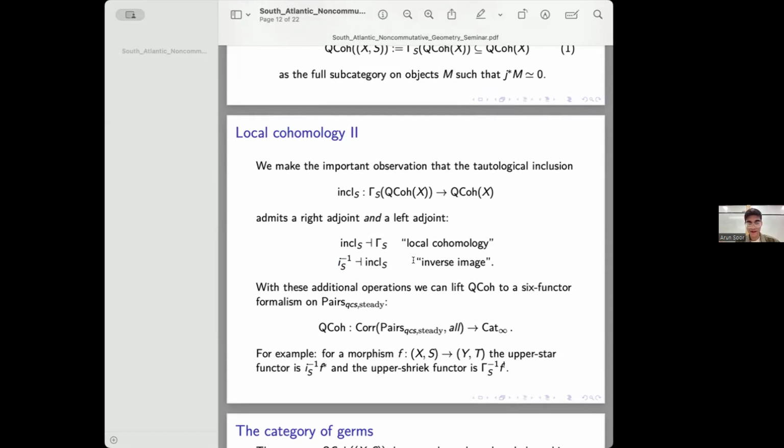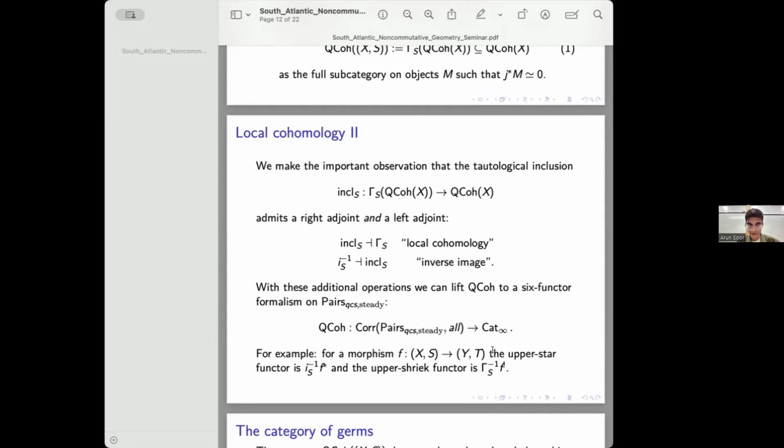With the aid of these additional operations, we can lift QCoh to a six-functor formalism on the category of, in this case, quasi-compact and separated pairs. That means X is quasi-compact separated, together with suitable morphisms.